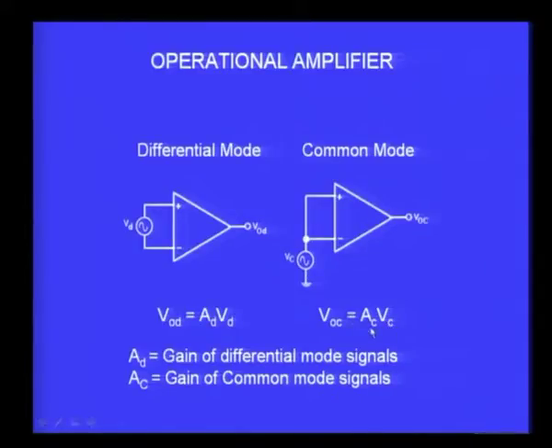So, we now talk of two different gains: AD, the differential gain, and AC, the common mode gain. In principle, a differential amplifier can be associated with these two different gains.